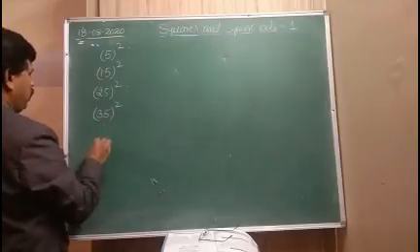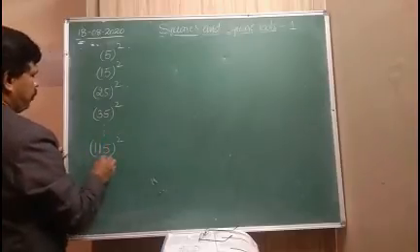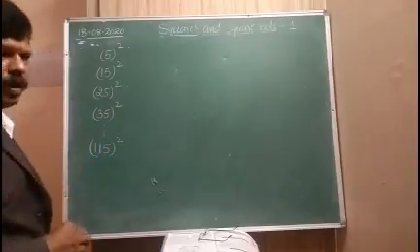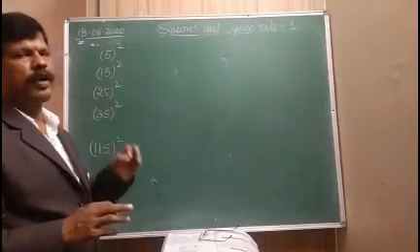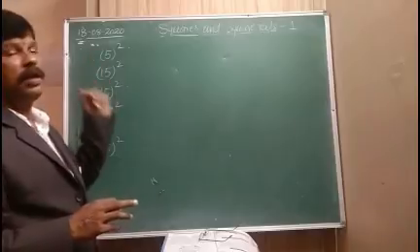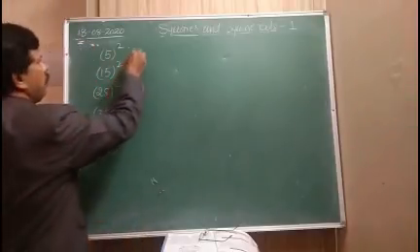Then if you want, 115 square, like this. Now look carefully. I will give you the hint how to find the square of a number ended by 5. If it is a 2-digit number, it is very, very simple.